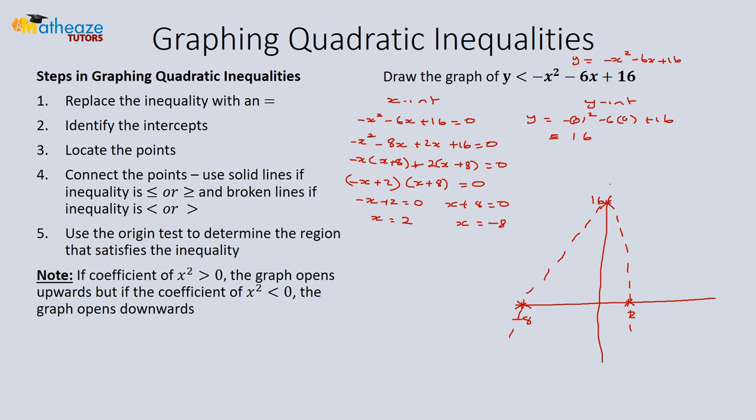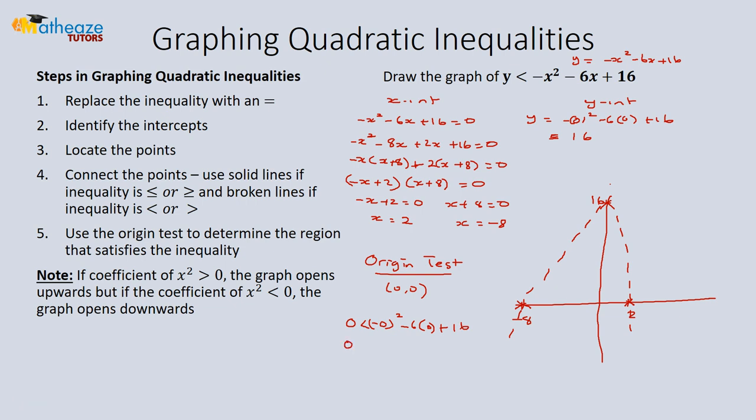The next thing we're going to do is apply the origin test. So we're using the point 0, 0, which is the origin, and so let's sub it in. So 0 is less than negative 0 squared minus 6 times 0 plus 16.